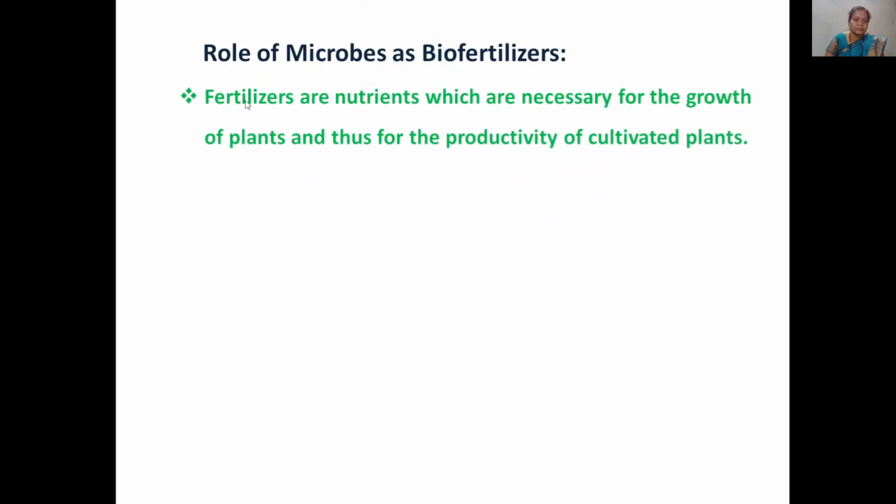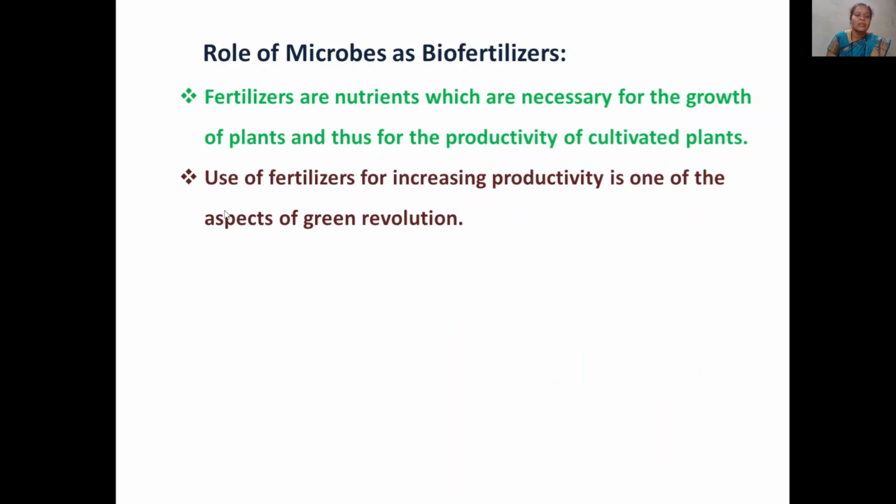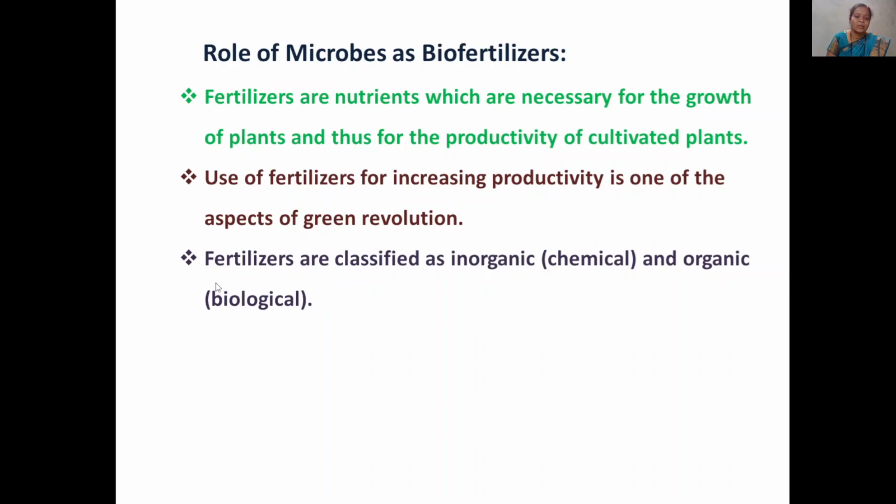Go to next slide. Here we see in this slide the role of microbes as biofertilizers. Fertilizers are nutrients which are necessary for the growth of plants and thus for the productivity of cultivated plants. Use of fertilizers for increasing productivity is one of the aspects of the green revolution.